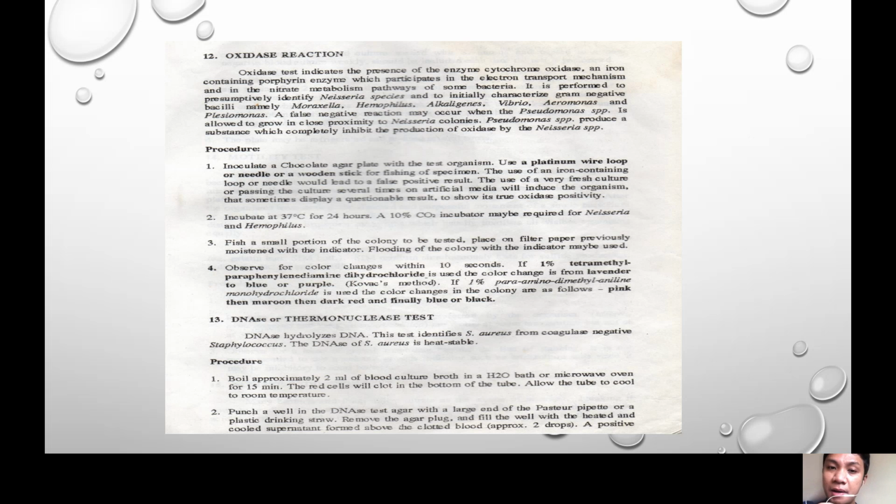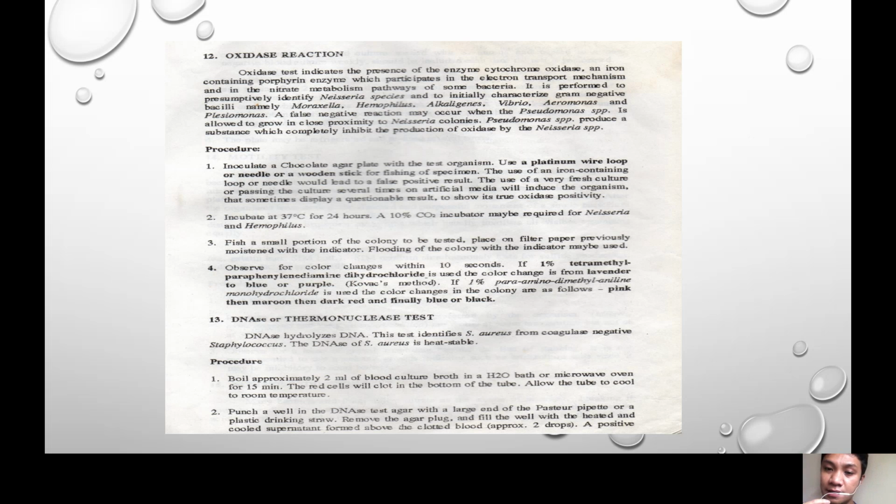For the procedure, take your bacteria in the blood culture tube and boil it until the clotted blood settles at the bottom of the culture media. Then we have your supernatant, the upper portion. After that, you prepare your DNA plate and punch it with a puncher, then remove the plug, producing a well or hole.